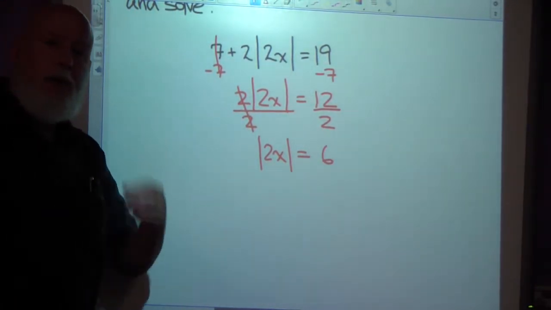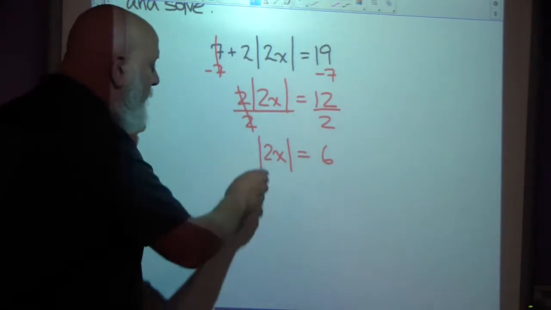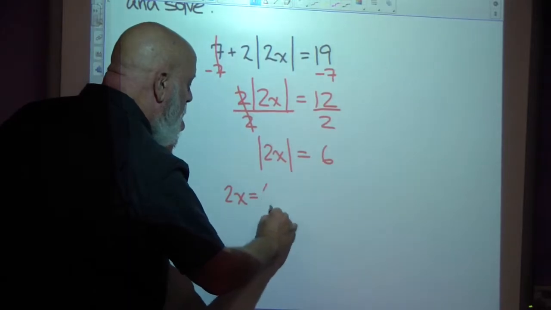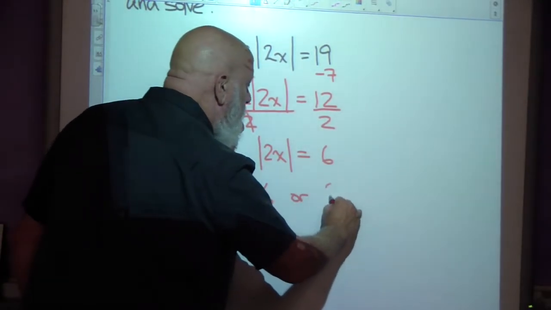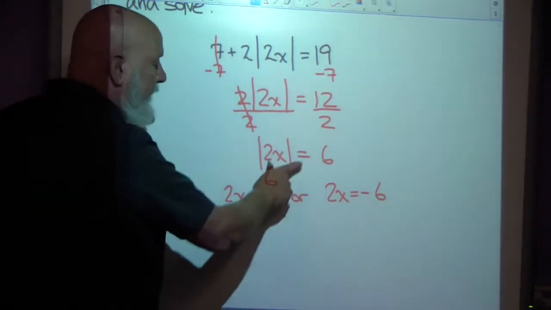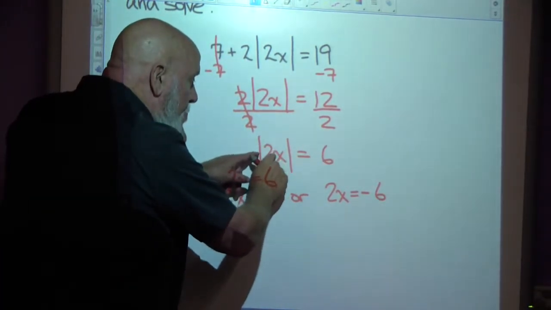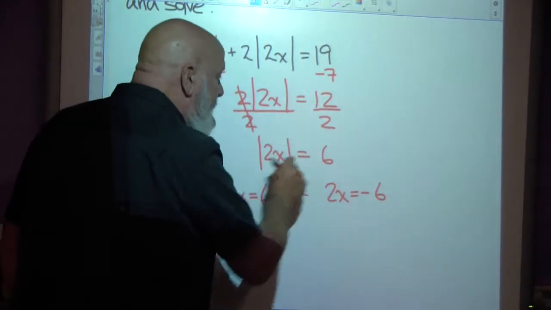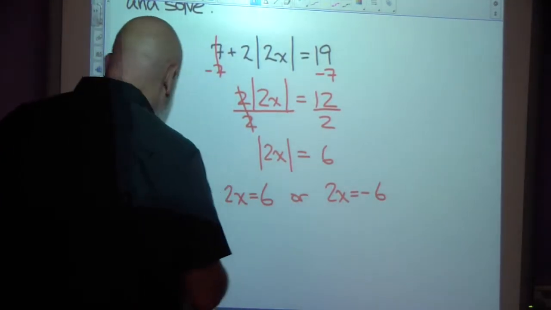Now I can write two equations and solve. All I have to do is say, well, 2x is either 6, or 2x is negative 6. All right, because if I replace this 2x with a negative 6, the absolute value of negative 6 is 6. Okay, so I solve both of those.